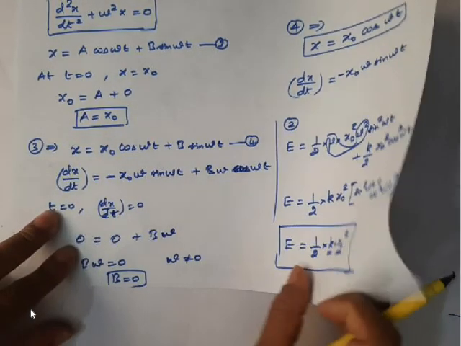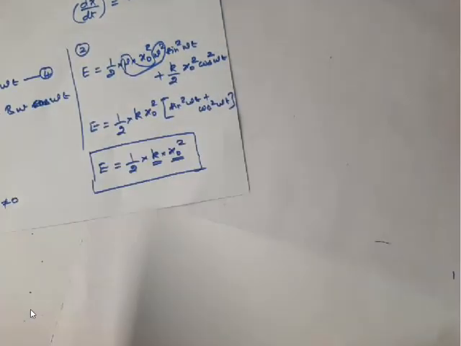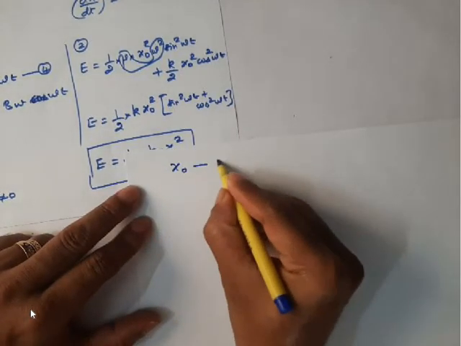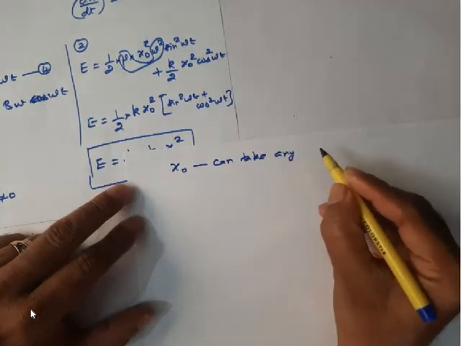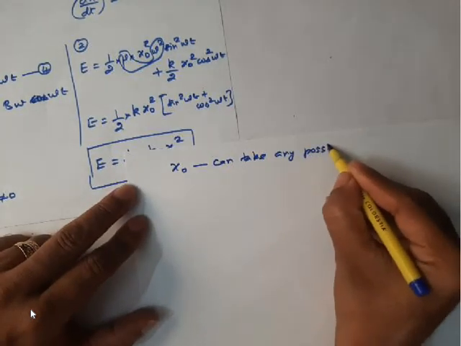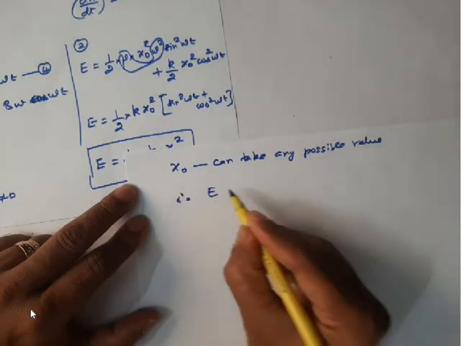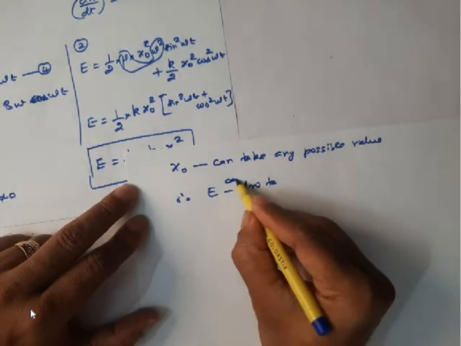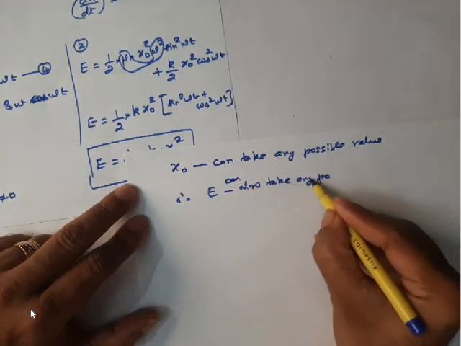See, what I'm trying to say is that x naught can take any possible value. Therefore, the total energy also can take any possible value.